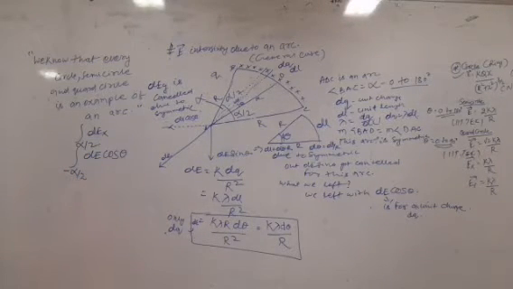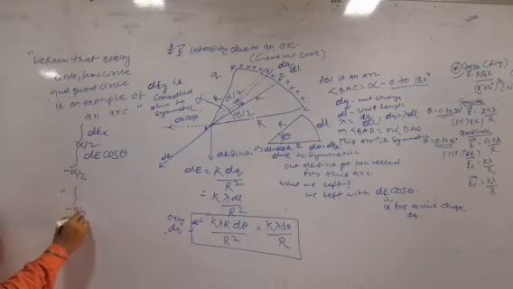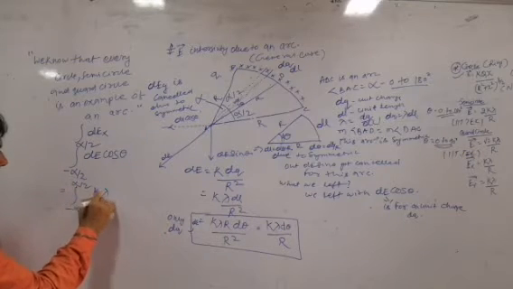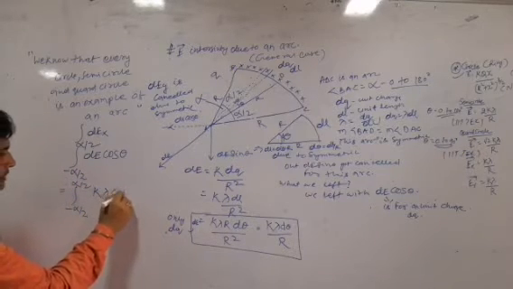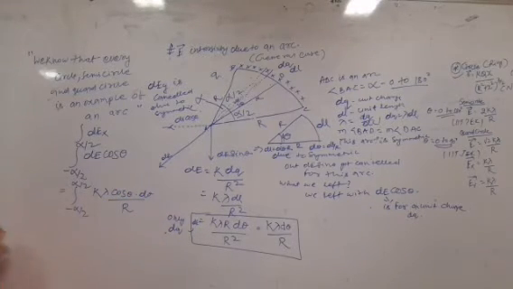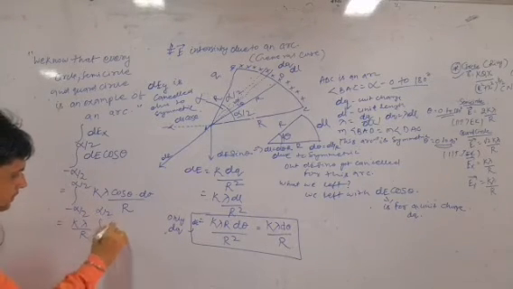Okay. Now tell me, what is Ex? You can write it from minus alpha by 2 to alpha by 2. What is the value of dE? K lambda cos theta d theta by r. So you can take out this value. We are having k lambda by r, integral from minus alpha by 2 to alpha by 2 of cos theta d theta.